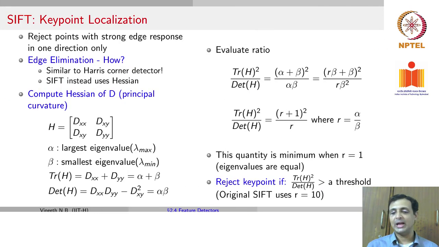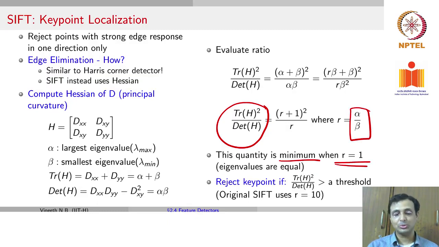And the final way we remove edges is by noting that this quantity is going to be minimum when r is equal to 1. Because when r is equal to 1, we know that alpha and beta are close to each other, are equally high, which is what we want to find your corner points.